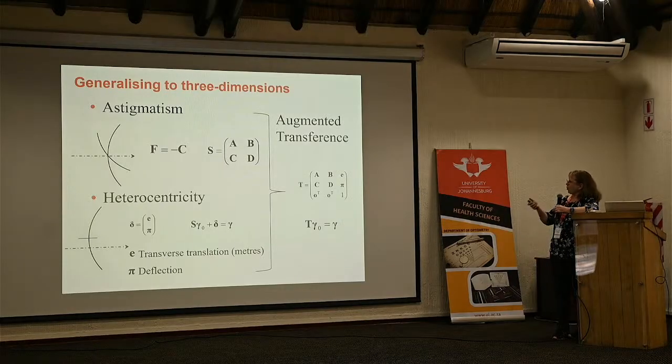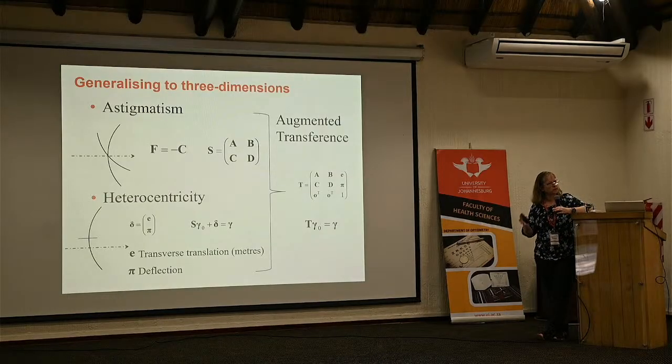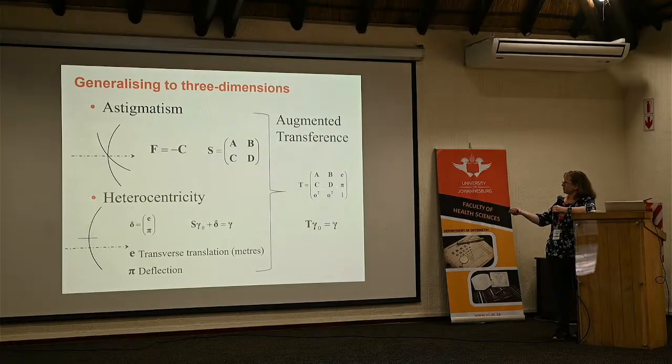However, we can combine it into the transference to create an augmented transference. So we've got A, B, C, D, E, pi, and a trivial row. It's still a square matrix, but it's augmented because a 5 by 5 matrix is not symplectic. Only matrices that have equal numbers of rows and columns, and so this transference component is symplectic, but this we refer to as an augmented transference.